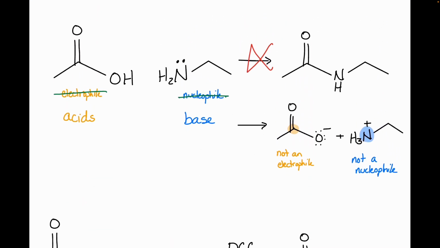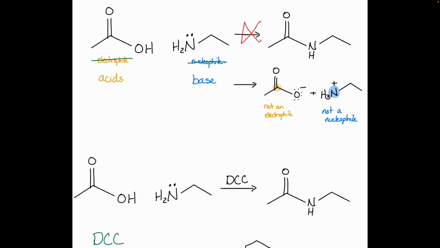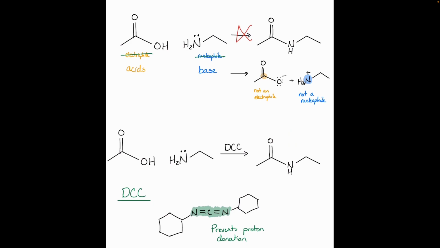All right, so without that special catalyst, you just have an acid-base reaction. But with that special catalyst, that DCC, you will get your expected nucleophilic substitution reaction, converting your carboxylic acid to an amide. Okay.